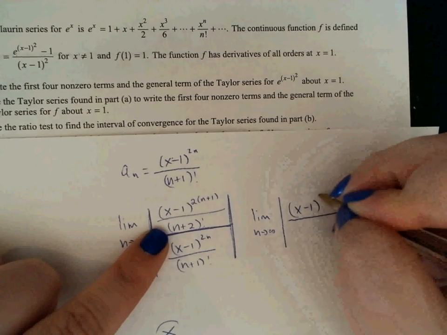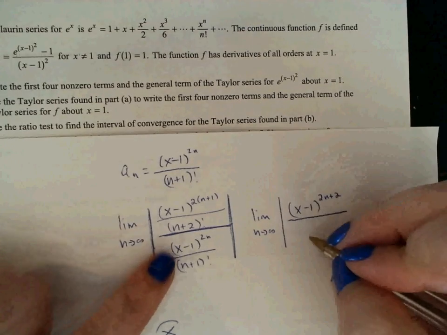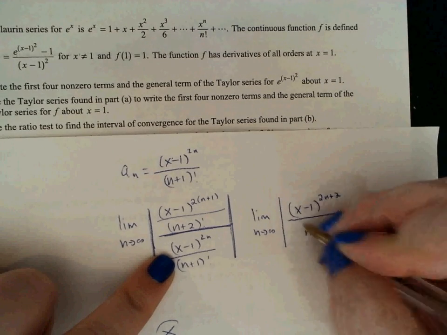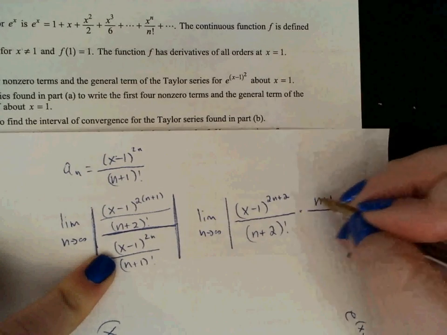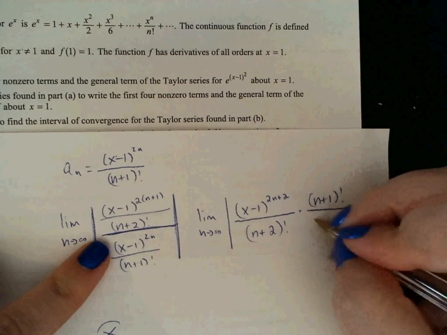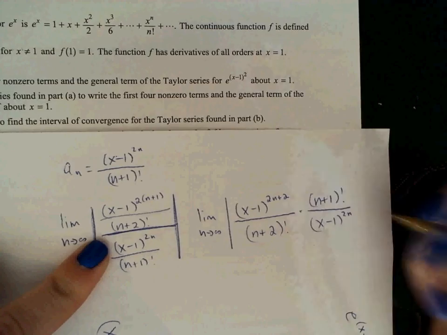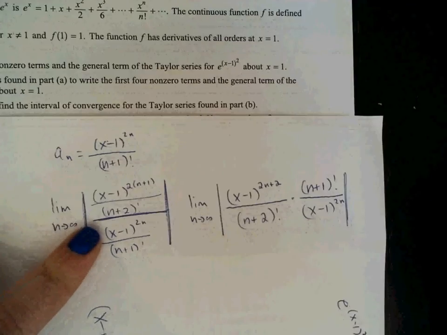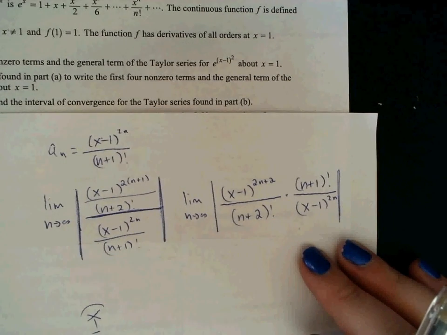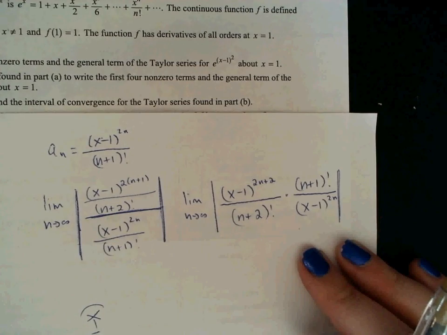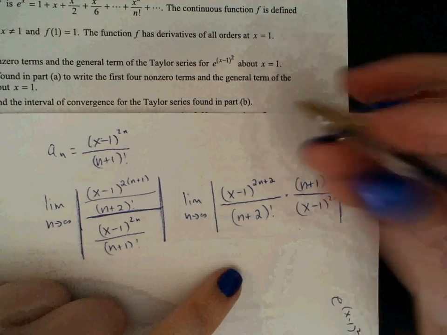So limit as n approaches infinity of the absolute value of (x minus 1)^(2n plus 2) over (n plus 2) factorial, times (n plus 1) factorial over (x minus 1)^(2n). Okay.